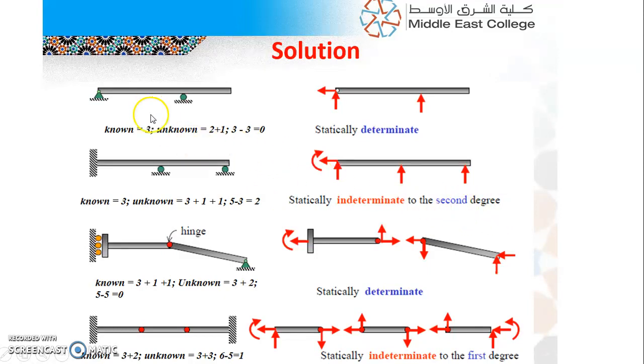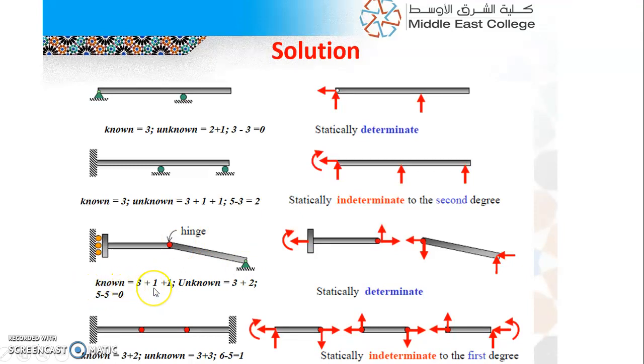Here the remaining is 2, so it is second degree. I hope it is clear with the first two problems. Coming to this third problem, it is a bit confusing and logical, so try to concentrate more on it. For the third question, the support is given as fixed with a roller here, and here it is hinged or pinned.